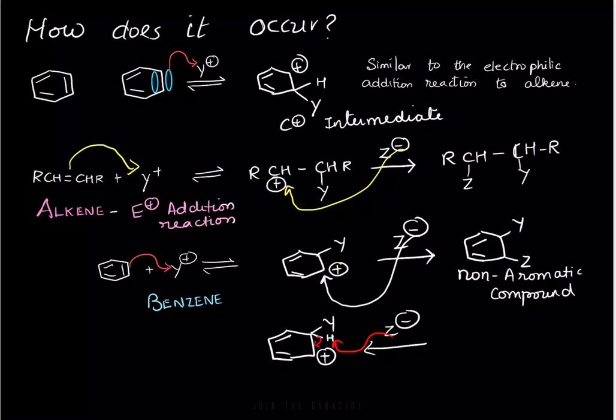then it's going to push the electrons back in, forming the double bond, thereby restoring the aromaticity of the molecule. Okay, so this compound right here is aromatic. So this is the reaction that is basically undergone by benzene and its derivatives.